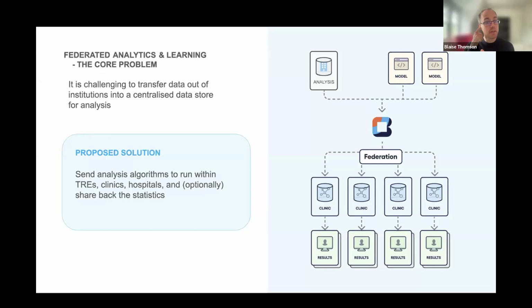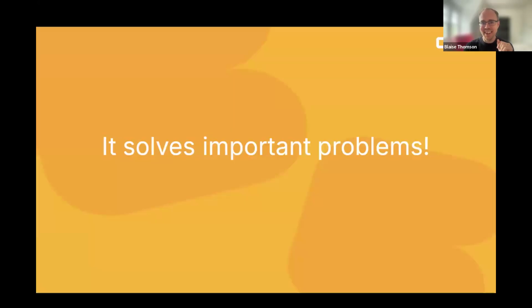We might run it in small little clinics, in big hospitals, in trusted research environments, which is the focus of the FedA program, I think. But either way, you're doing the analysis locally and sharing back the statistics. That's probably something that everyone's aware of, but it's important to always get us all on the same page.